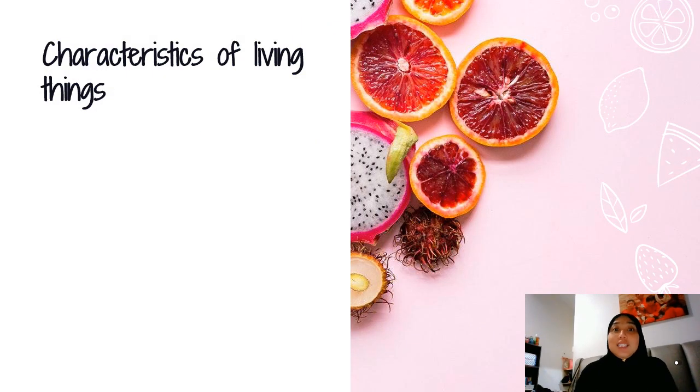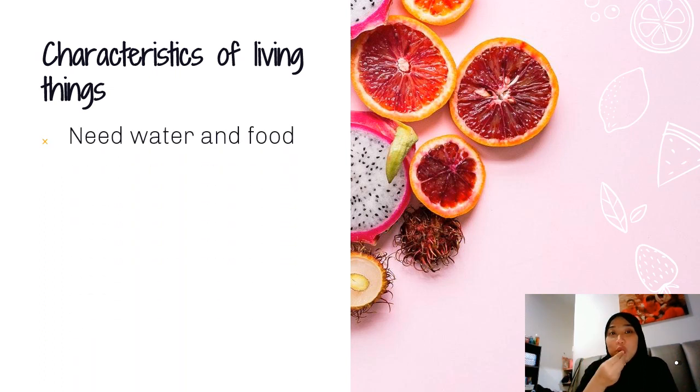Okay. Now, let's take a look again at the characteristics of living things. Mari kita tengok lagi ciri-ciri benda hidup. So, the first thing is need water and food. Perlu air dan makanan. Breathe.